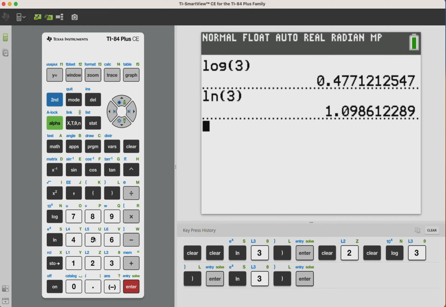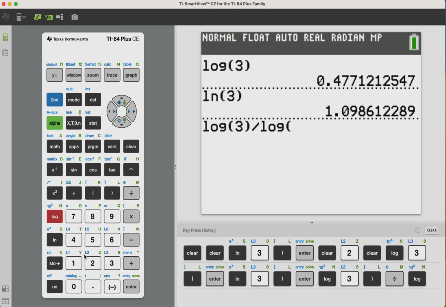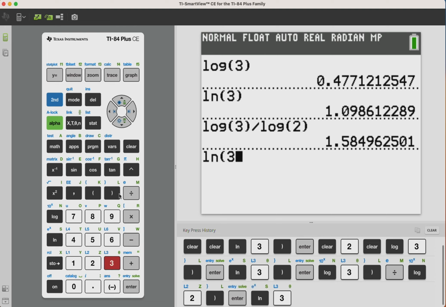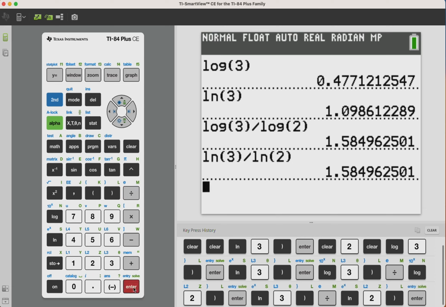And then for the last one, for log base 2 of 3, when you change it using common logs, you do log of 3. Remember to close your parentheses and then divide by log of 2. And there's that answer. And look, if I did natural log of 3 divided by natural log of 2, whoa, we get the same thing. So it really does work.